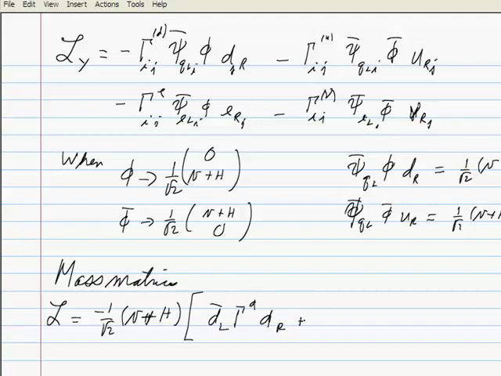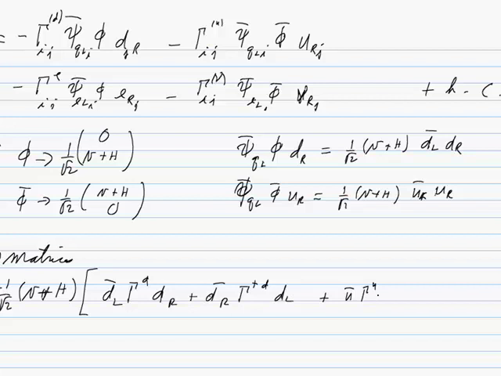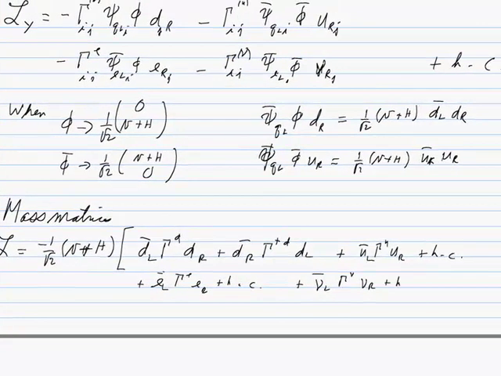This is left right plus the Hermitian conjugate. Let me just write one of them out. D bar right gamma dagger D left. And then the same thing for everything else. U bar gamma U left right plus Hermitian conjugate plus E bar gamma E left right plus Hermitian conjugate plus nu bar left gamma nu right plus Hermitian conjugate.